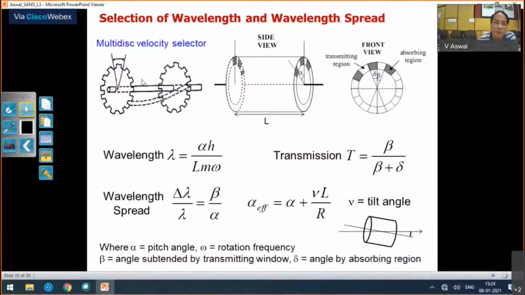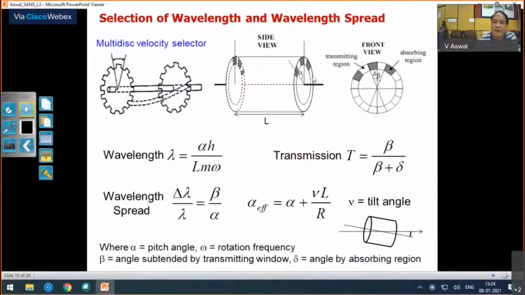So if the speed is slow, your slow neutrons, that is high wavelength neutrons, will pass, and if it is moving with very fast speed, then the fast neutrons will pass. And then there are different ways you can make these helical slots, and one of the ways is called multi-disc. You create multiple discs synchronized with the passage of neutrons at different places, forming helical slots.